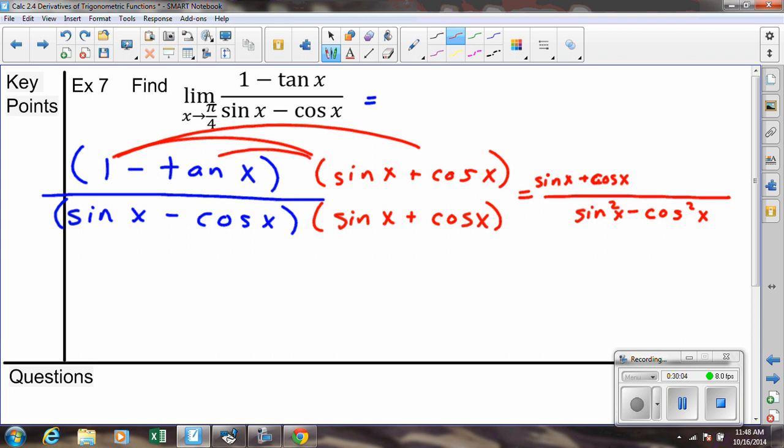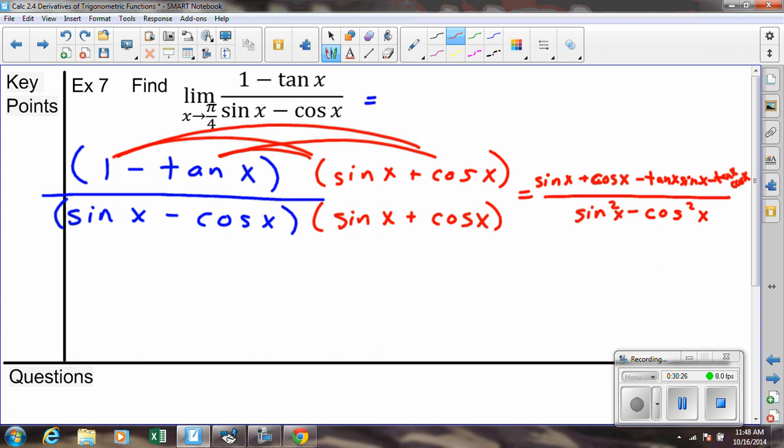Tangent times sine, we'd have minus tangent x sine x. And then tangent times cosine, we'd have minus tangent x cosine x, which on face value isn't very helpful.